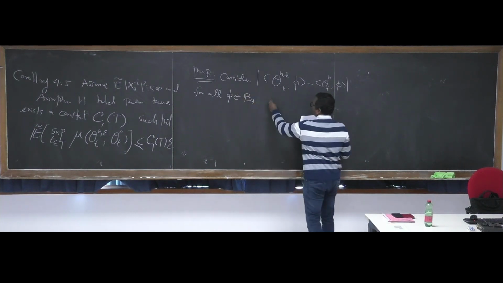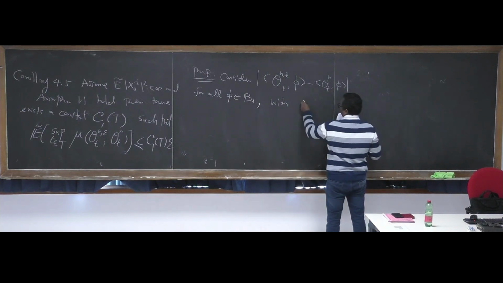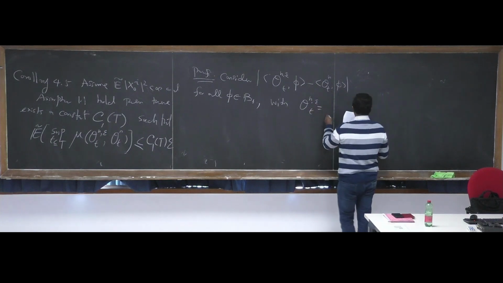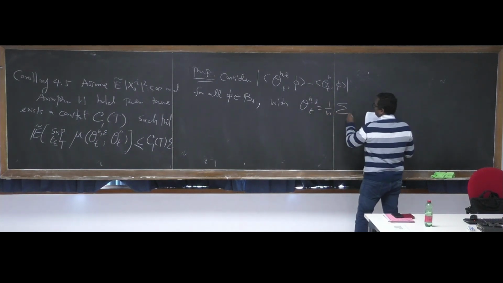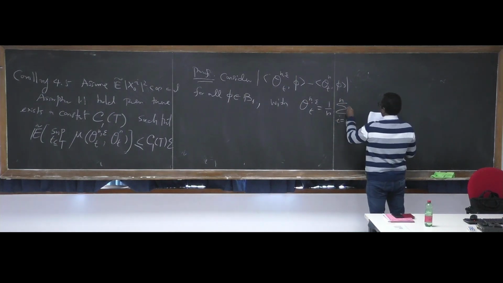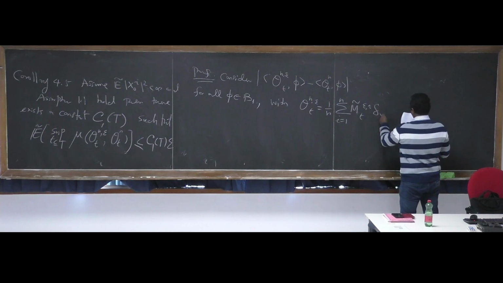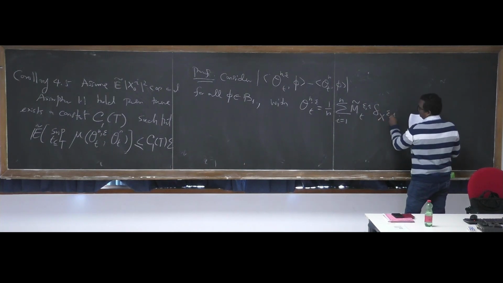With the empirical measure theta n epsilon t being nothing but 1 over n, i runs from 1 to n, m tilde epsilon i t delta x epsilon i t.